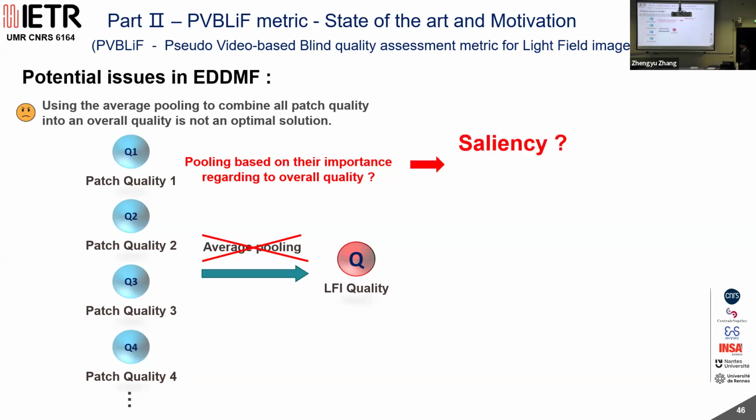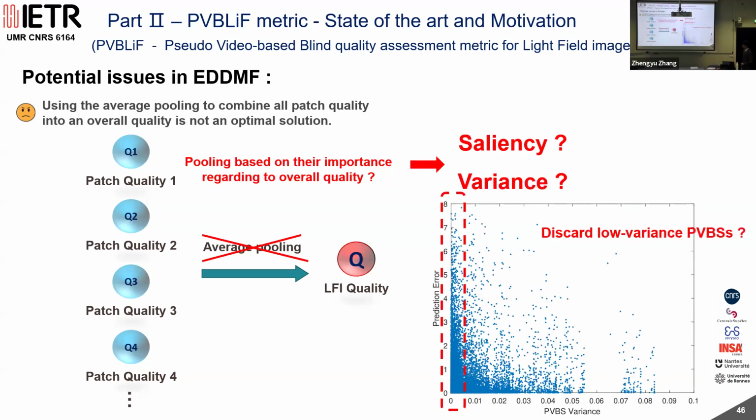First, we argue that the importance of each region can be reflected by its saliency value. And here we will not go deeper into this because many researchers have studied saliency. In addition, we find that the PVBS variance is related to the predictive accuracy. That's very interesting.